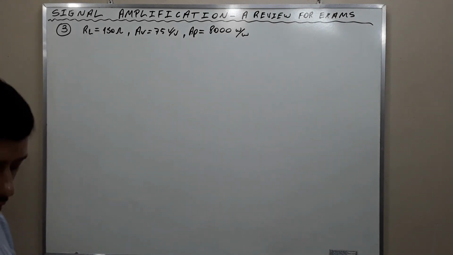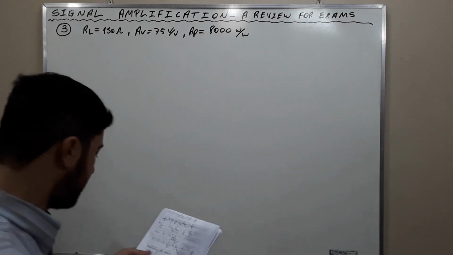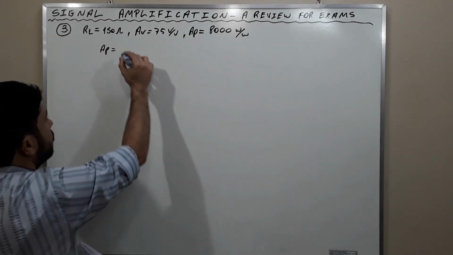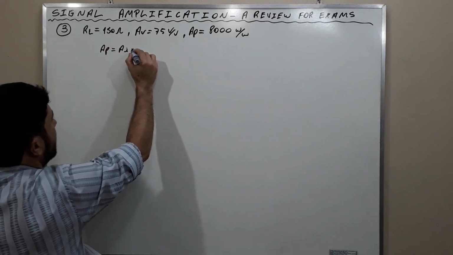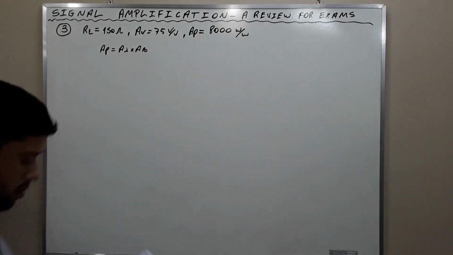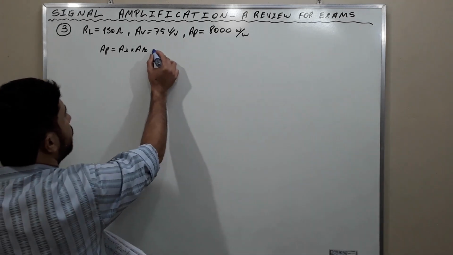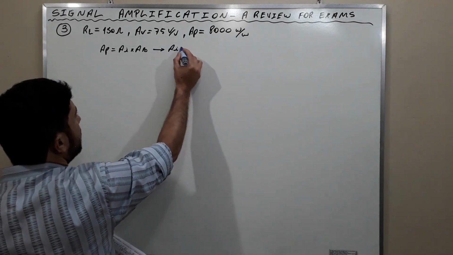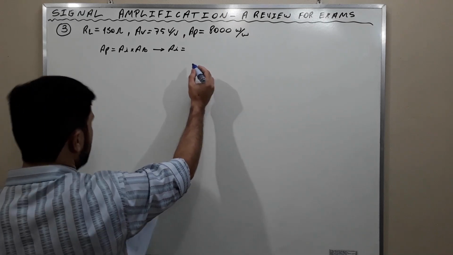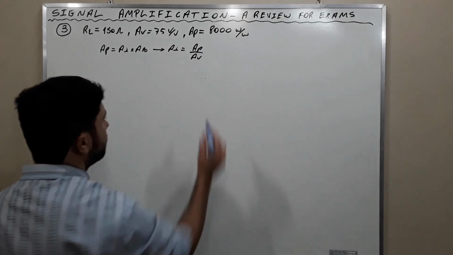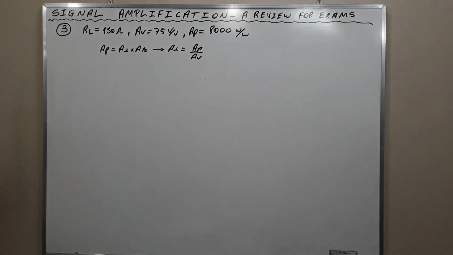Taking advantage of what we learned in the previous exercise, we can immediately write that AP is equal to AI times AV, which leads to AI equal to AP over AV. Okay? Just taking advantage of the linearity of the problem.